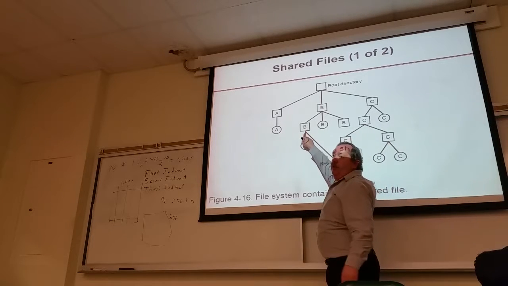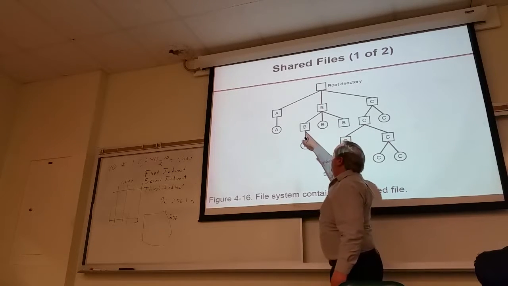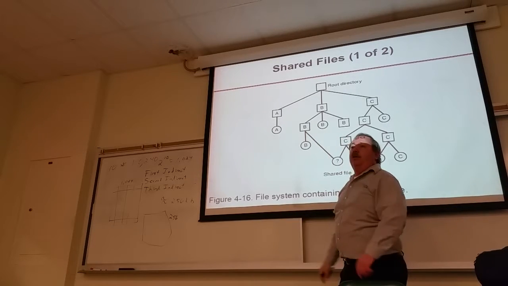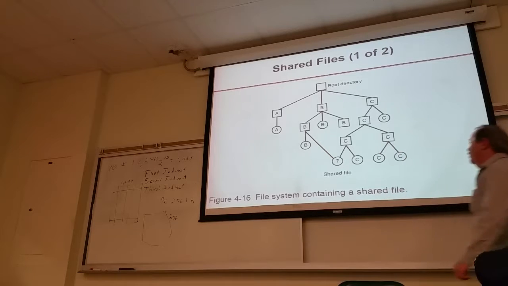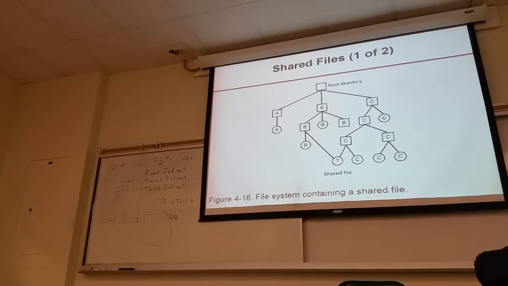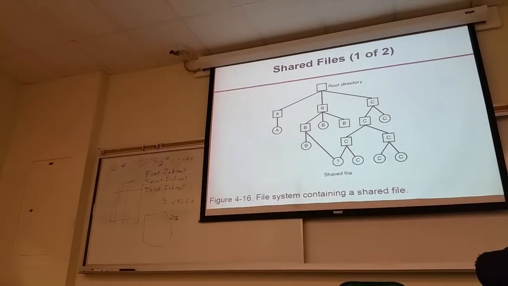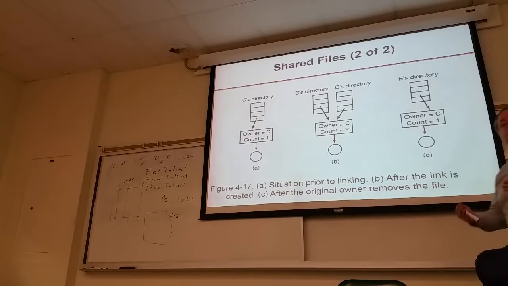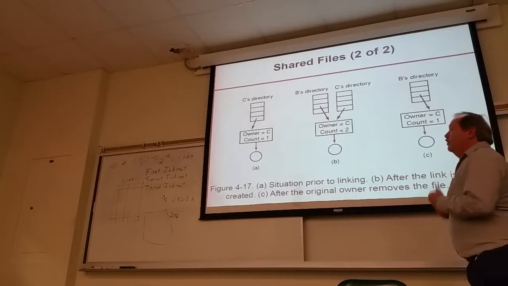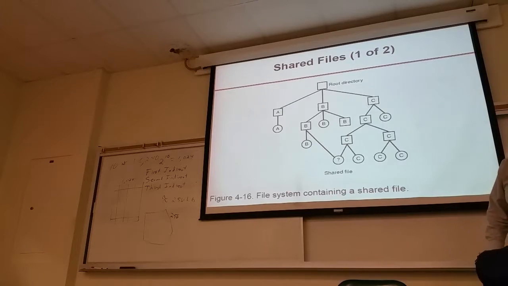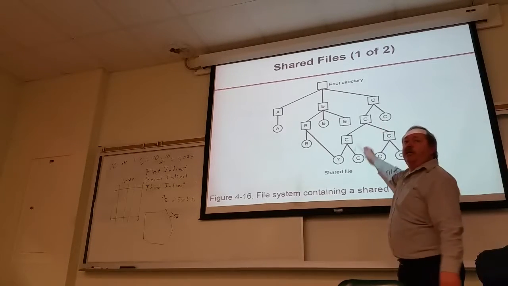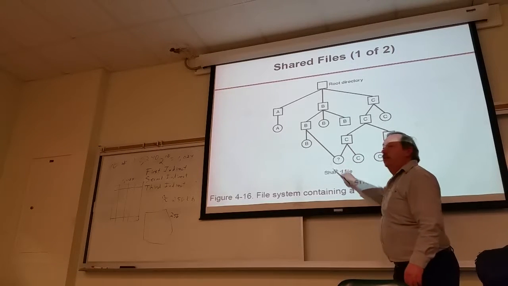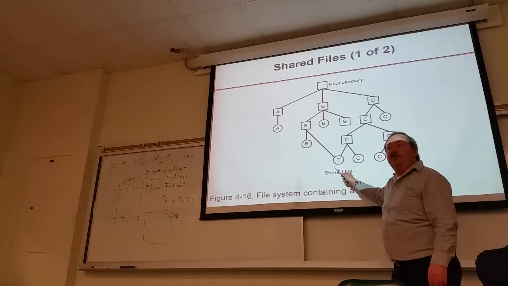But if I'm already here and I go here frequently, I want to be able to have a shortcut path directly to that file, okay? That's what we're talking about with sharing files in the file system itself. So to do that, I want to create this link. I want to create a link to not this path, this traversing mechanism that we've been talking about, but what I want is the inode number, right?